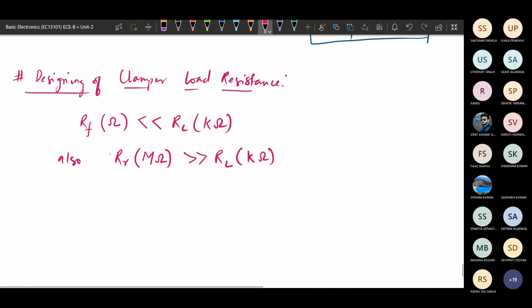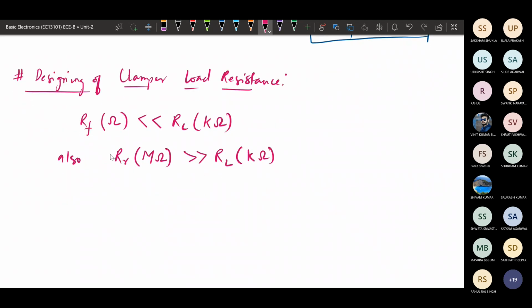So from there we can conclude that RF should be RL divided by 1000, and the reverse resistance of the diode should be around 1000 times RL.